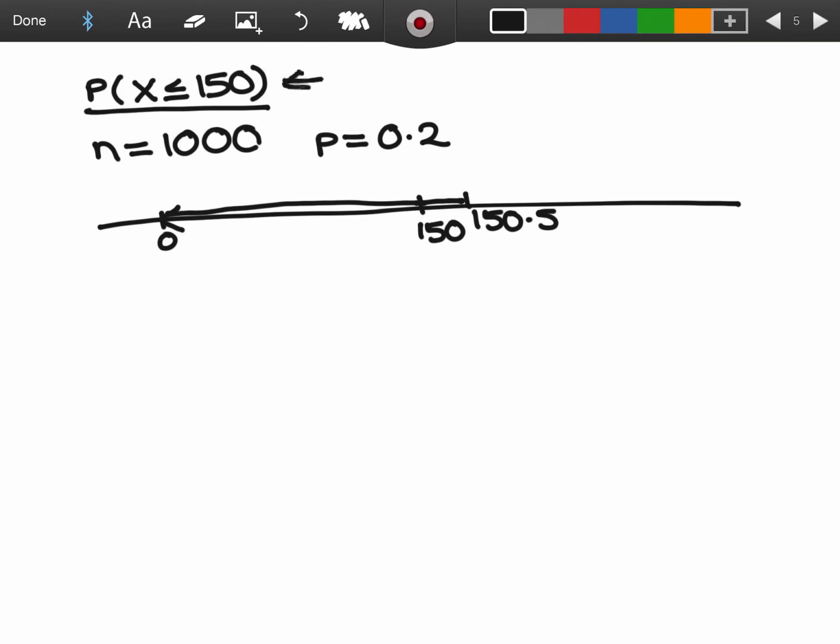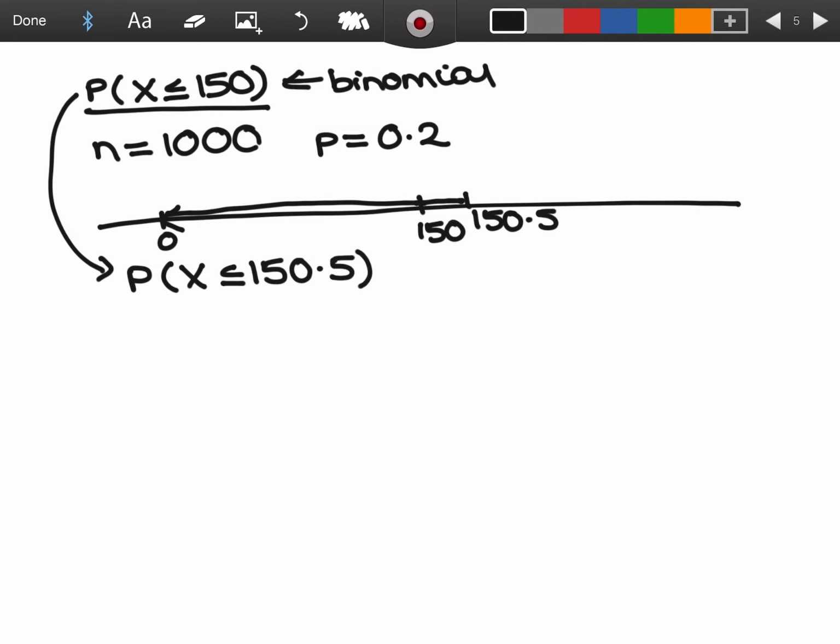This is in binomial here. And using continuity correction, I'm looking for the probability that X is less than or equal to 150.5. So in normal distribution, I want the probability that X is less than or equal to 150.5.